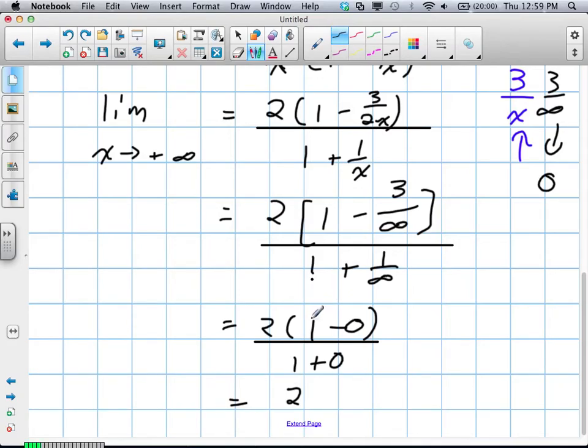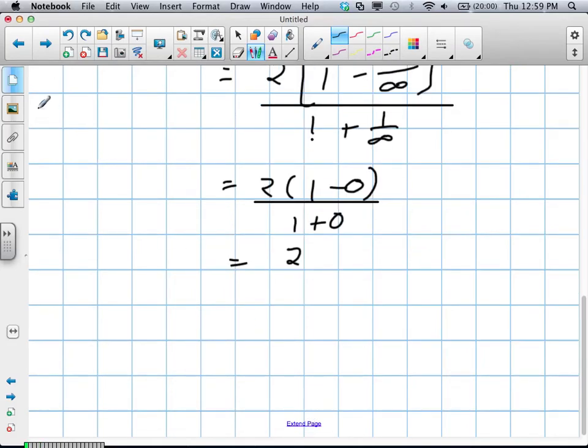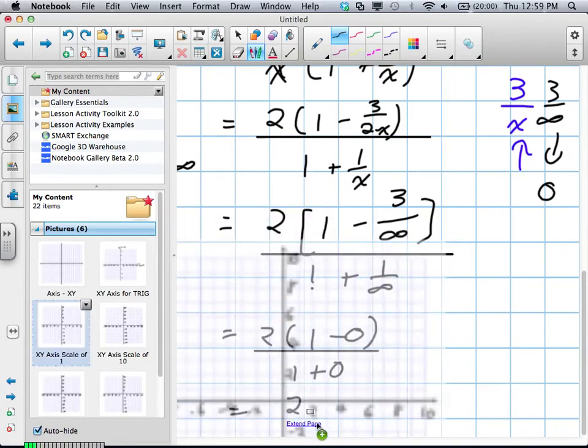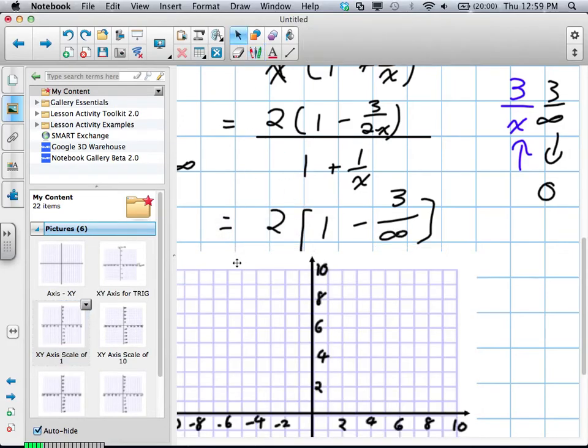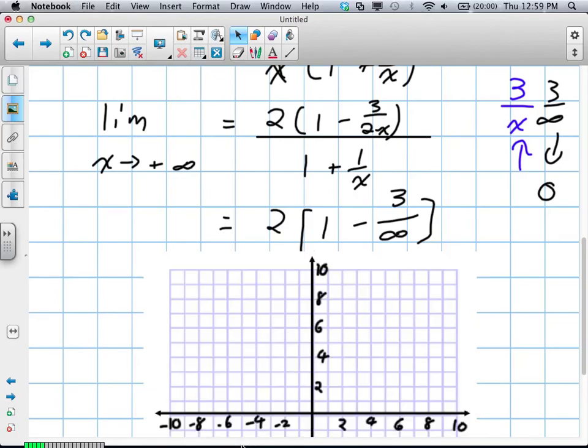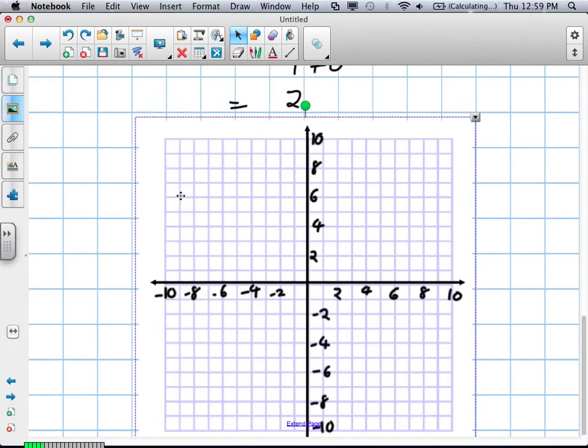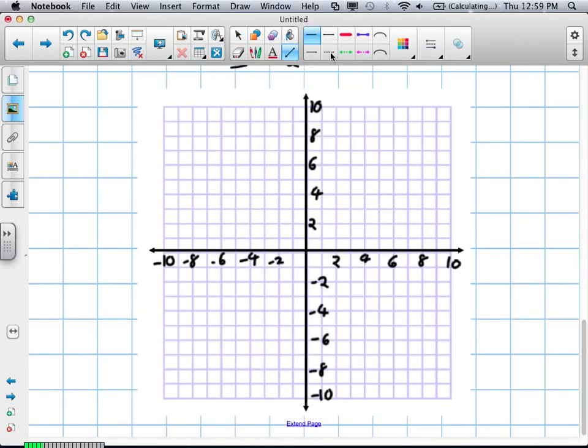And we're going to tie this together. Our horizontal asymptote is at a value, if we put up a graph, there we go. We have an imaginary line cutting through this at the number 2.